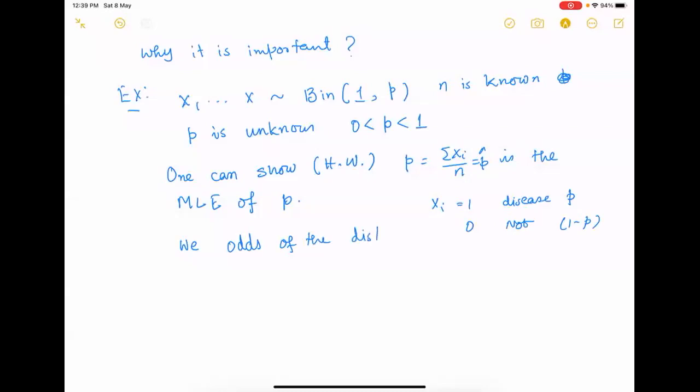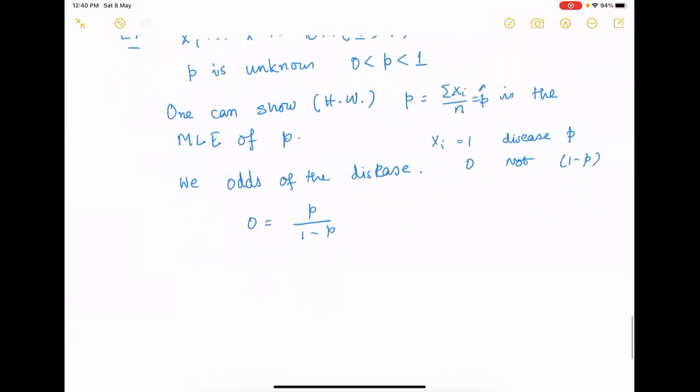What is the odds? Odds is defined as p by 1 minus p. Now, what is the MLE of the odds? This result tells me the MLE of odds is O hat, which is p hat by 1 minus p hat.